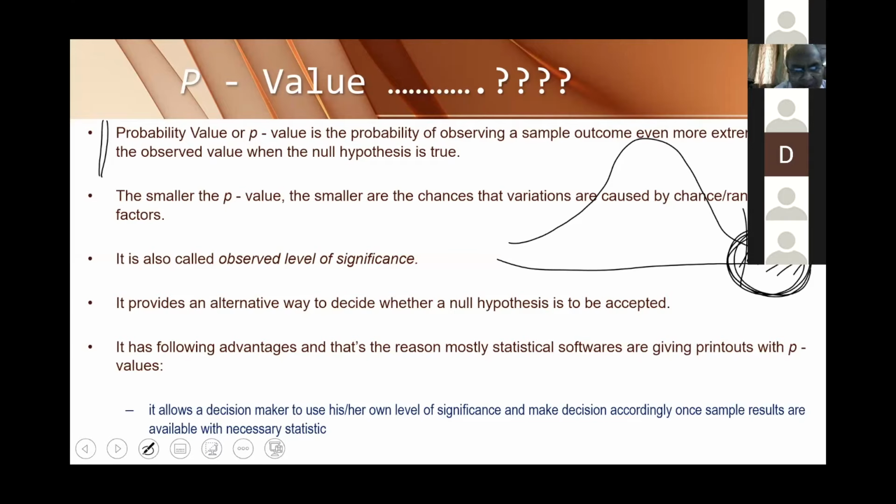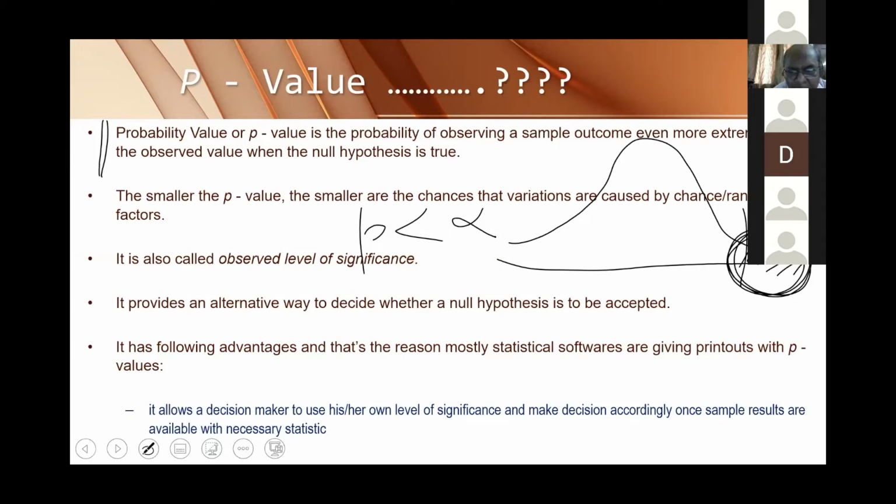Please understand that. The smaller the p-value, the smaller are the chances that variations are caused by chance and random. That means variations are truly significant and therefore we should reject our null hypothesis. That means if the p-value is less than my level of significance, then we should reject our null hypothesis.